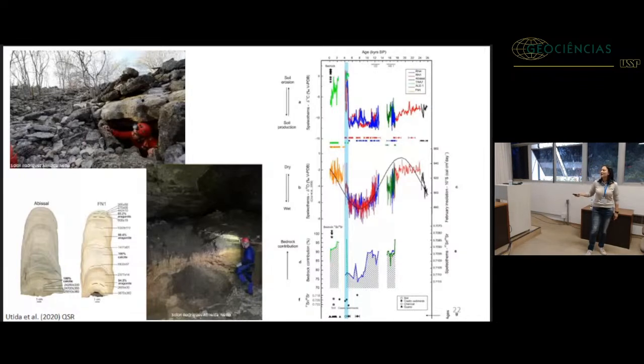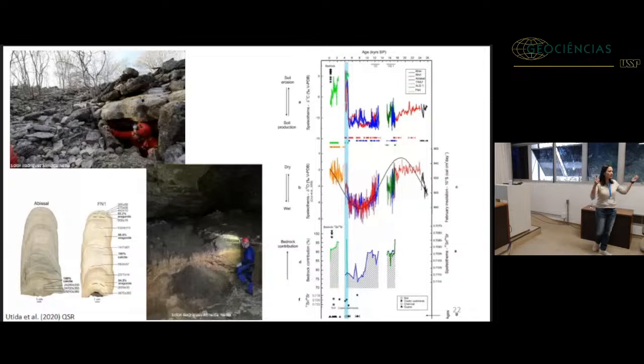Okay? And it means that if the strontium has the same signal inside and above the cave, what was the influence on our speleothem? How can I use this to answer the questions I have about my carbon? As I have the strontium for bedrock, sediments and soil, we can calculate how much bedrock contribution there is in the stalagmites.